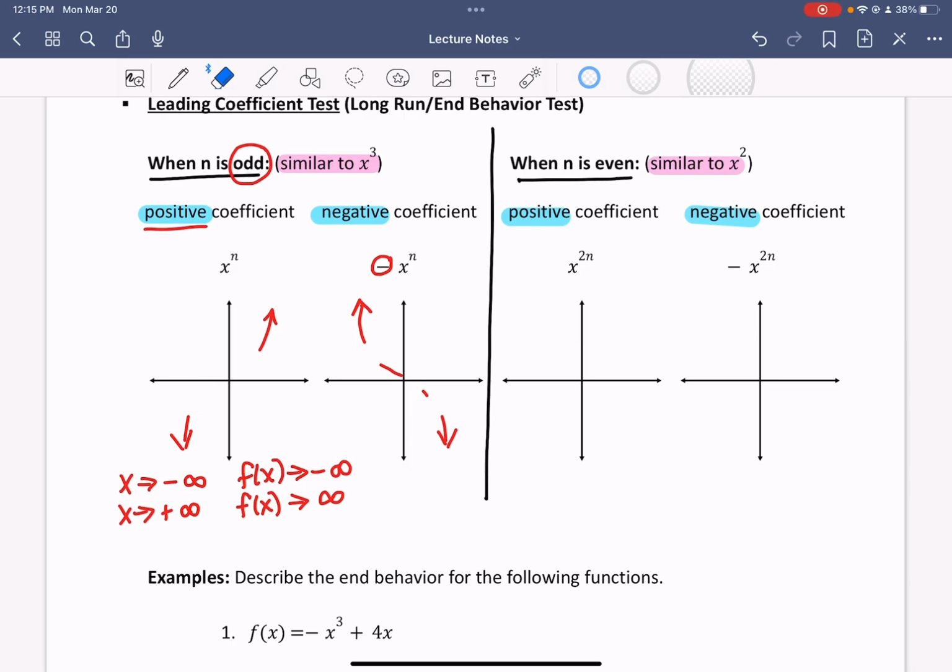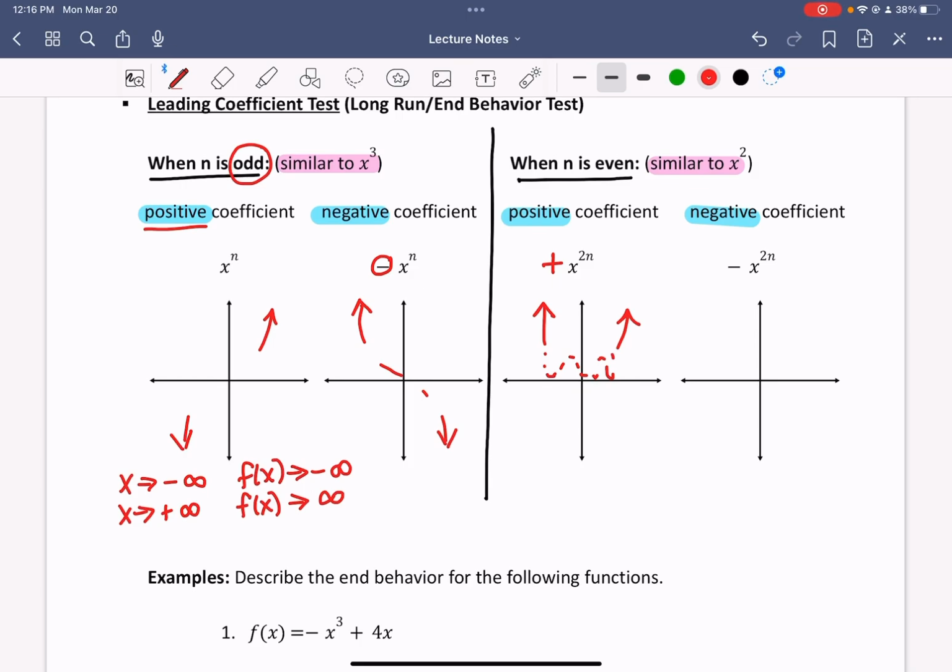And then we could write our notation from there, talk about which way x is going, but just knowing how to draw your pictures is going to help you to figure out what the behavior is doing. We can do the same thing with our even function. So when it has a positive coefficient, it is similar to an x squared, which looks like this. And again, we're just looking at the end behavior, so we're not even looking at what's going on in the middle here. It could have many curves just depending on what else is in that equation.